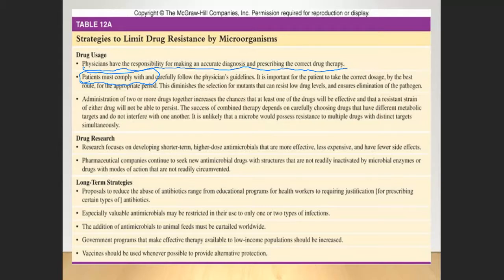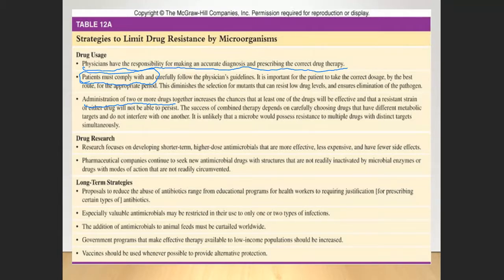So drug administration also has to be careful. Some drugs are broad spectrum or narrow spectrum. If the doctor or the pharmacist already knows that the infection is really specific, that only one bacteria causes the infection, it is better to just give the narrow spectrum drug that only kills that bacteria.